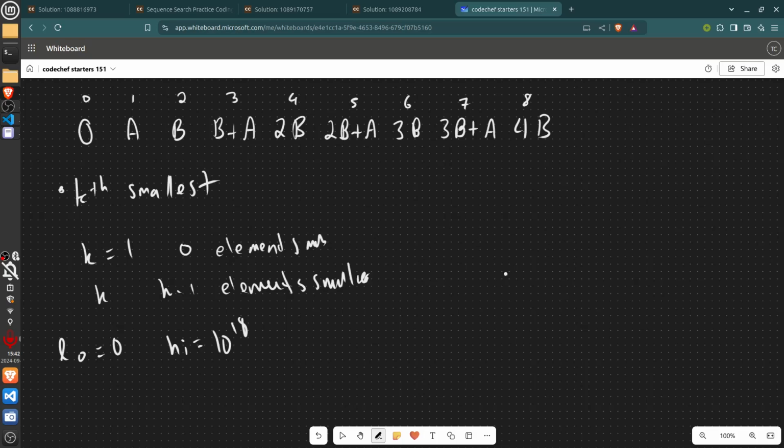Something like that. But then you binary search, but for each binary search, the thing that you need to be able to do is count how many terms there are in this sequence which are smaller. So if we split these, for instance, how could we count the even number terms? Well, it's not that difficult.